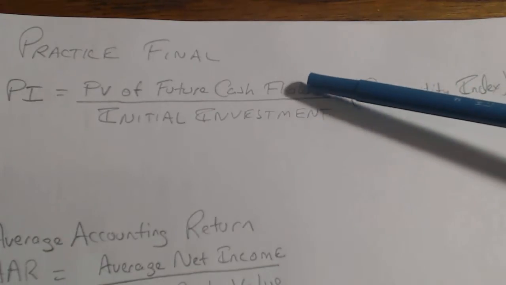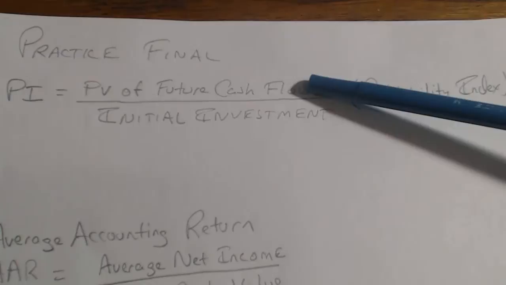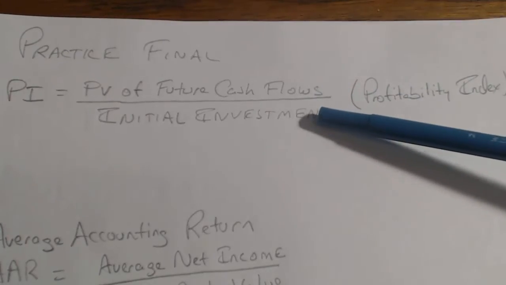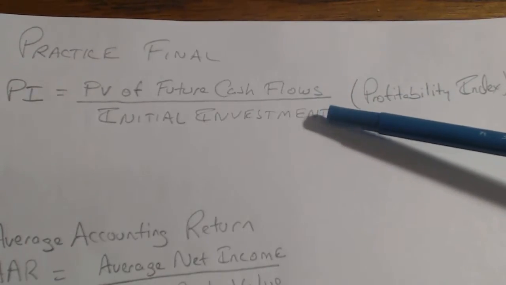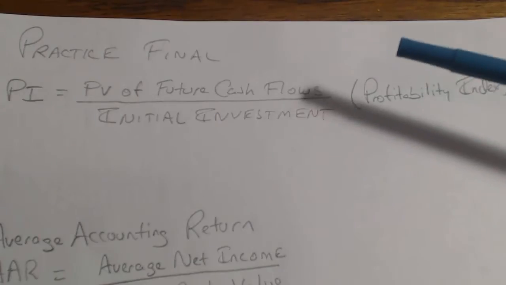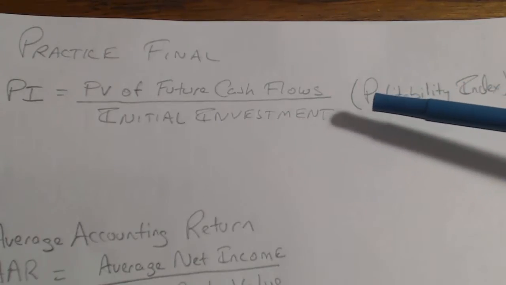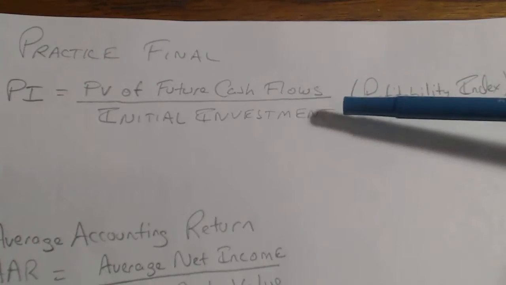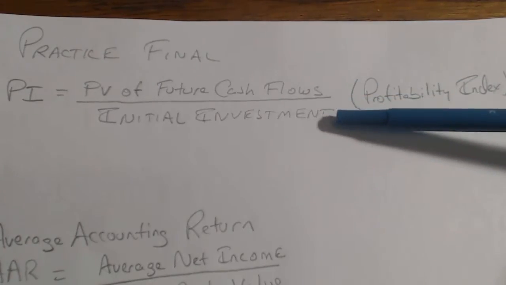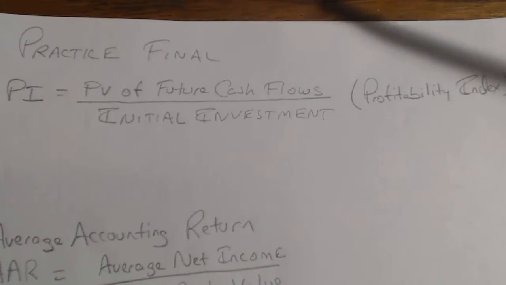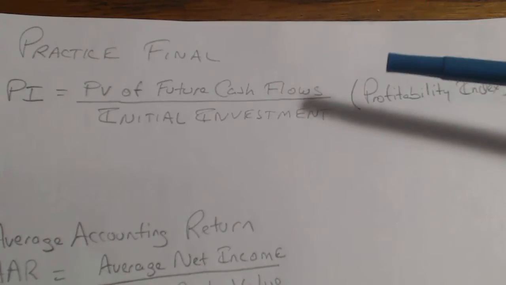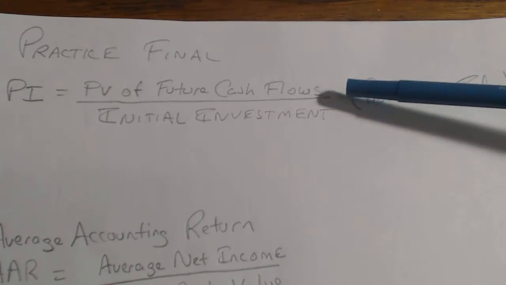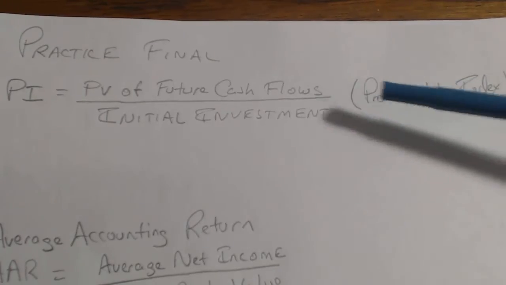If you think about it, if the present value of the cash flows minus the investment is greater than 0, that means your net present value is positive, which is good. Okay, in this case, if the present value of the future cash flows is greater than the initial investment, that means that your net present value is greater than 0, right? But it also means that this is above 1.